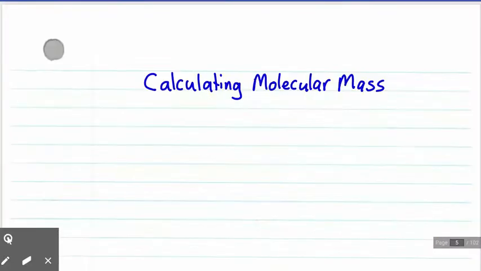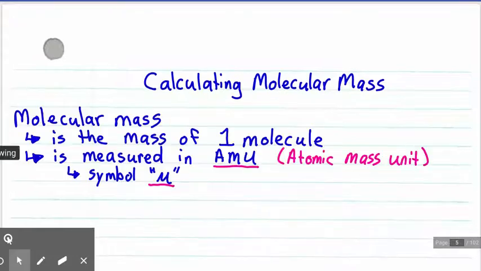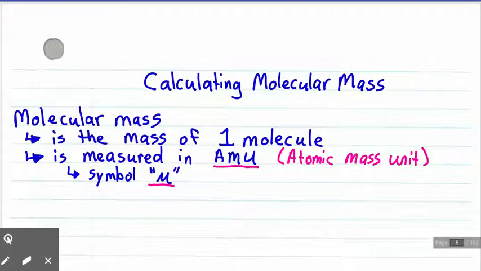Okay. So if we go back to our little note, and you're going to want to copy this down as we go through this, we're just going to quickly go through how to determine the mass of a molecule and do an example. So molecular mass, basically, I already told you, is the mass of one molecule. And we measure it in AMU, so our atomic mass units.